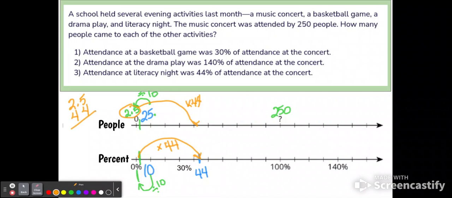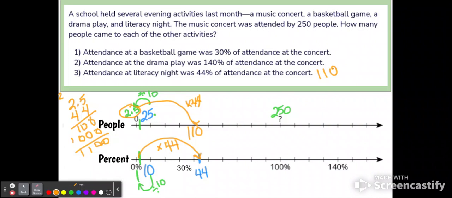Pause here and work it out on your own workbook. By doing the math, I figure out that 44% is the same as 2.5 times 44, which is 110. So 44% of 250 is 110.